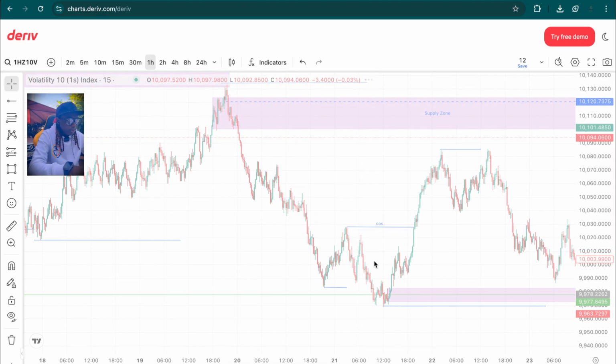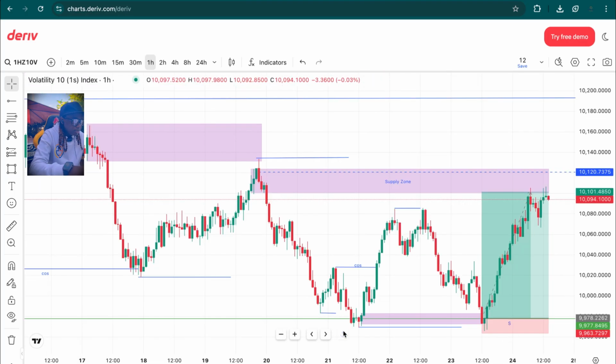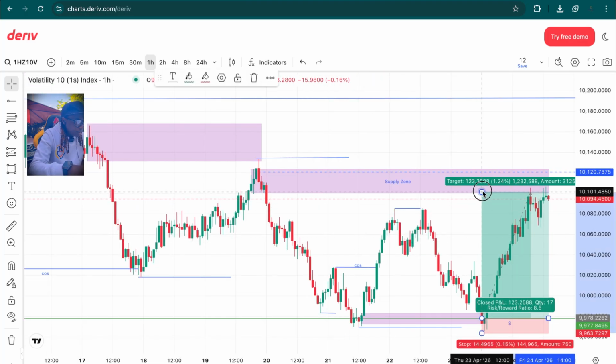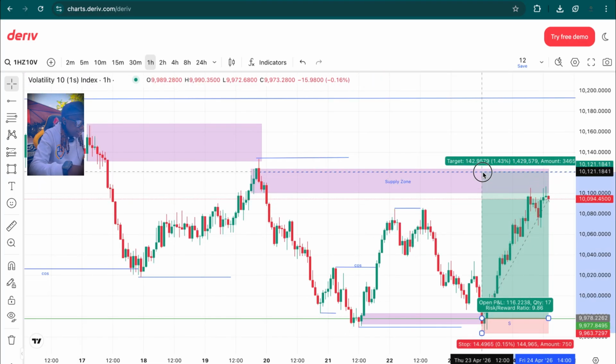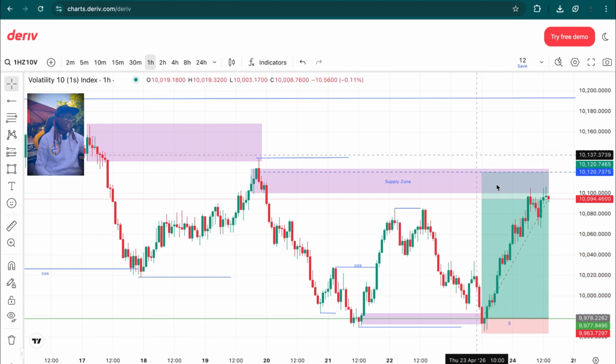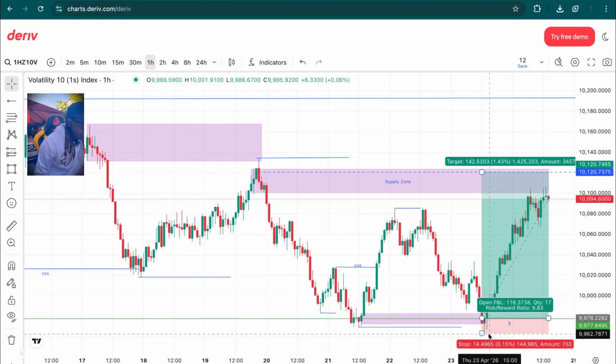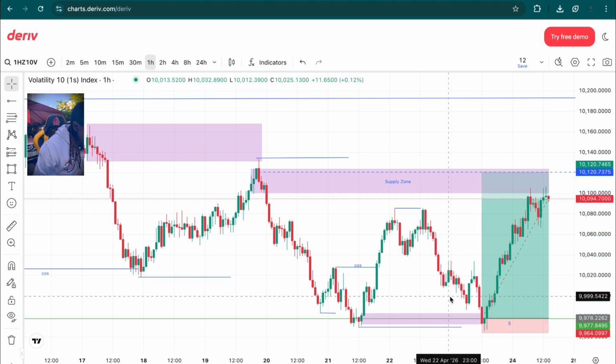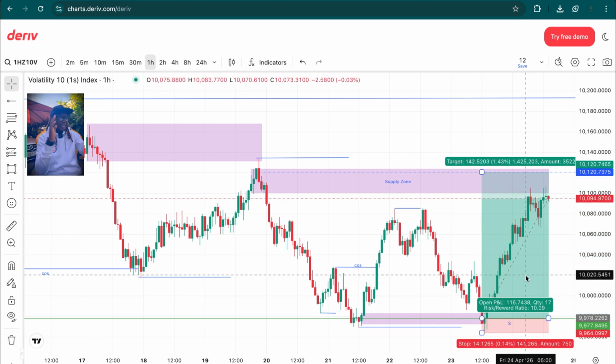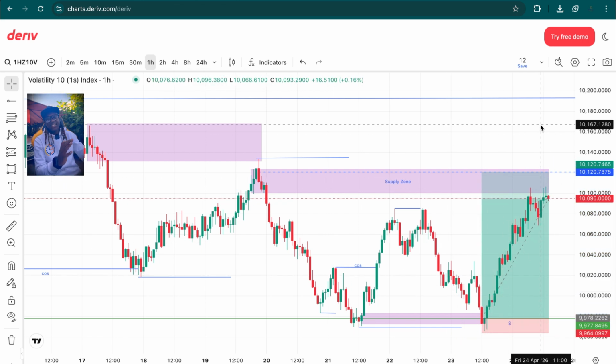So that was my take profit, because I expect maybe some sales from that zone, and that is my trade. Like that, you can see it's a 1:9.83, but like that it should be a 1:10. So that is how I was able to get this setup.